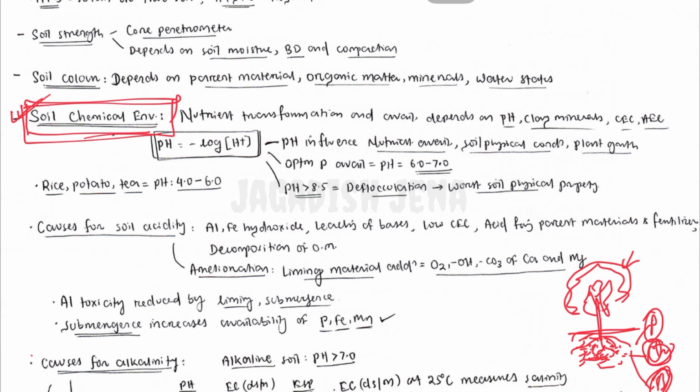If we study soil nutrient status and soil pH reaction, like soil salinity and acidity, and how these parameters affect plant growth, then we look into the soil chemical environment. The physical environment we have already covered: soil texture, structure, strength, bulk density, soil aeration, soil color, and how these factors affect crop growth and development.